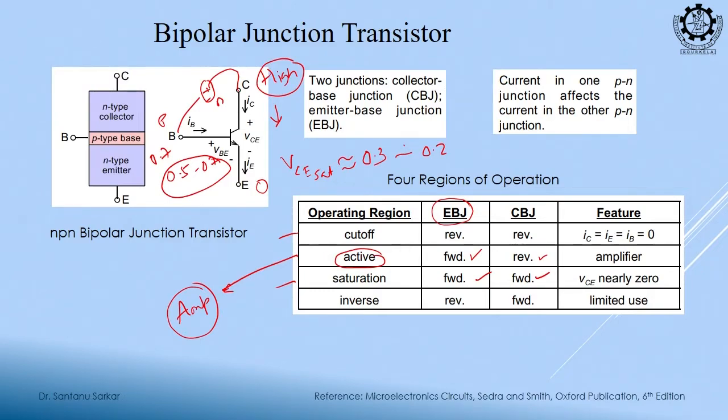So, at forward bias, what should be this maximum voltage? 0.3 or 0.2. Okay. So, in this active region, it behaves like an amplifier, and in the other two regions it can behave like a switch.